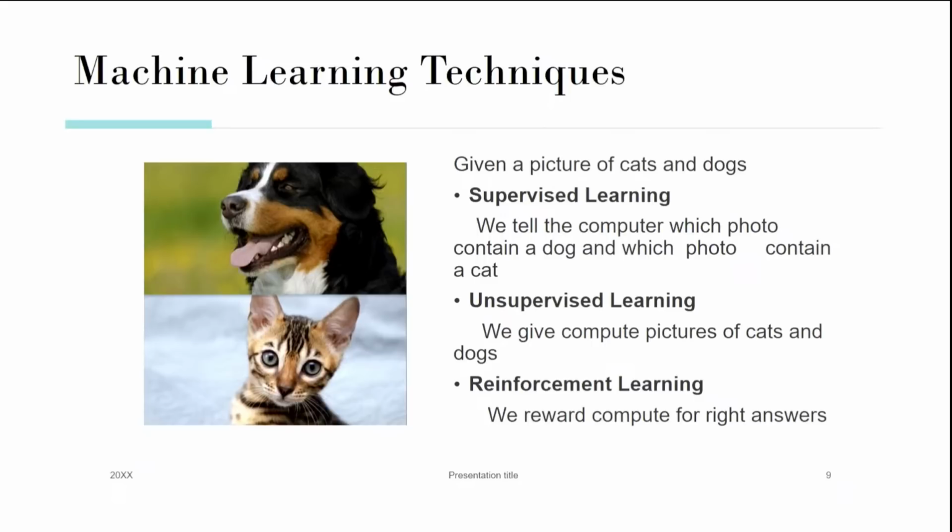So what happens in the case of supervised learning? Suppose here there are images of cats and dogs. We have many images of cats and dogs, and with every image we have a label attached.